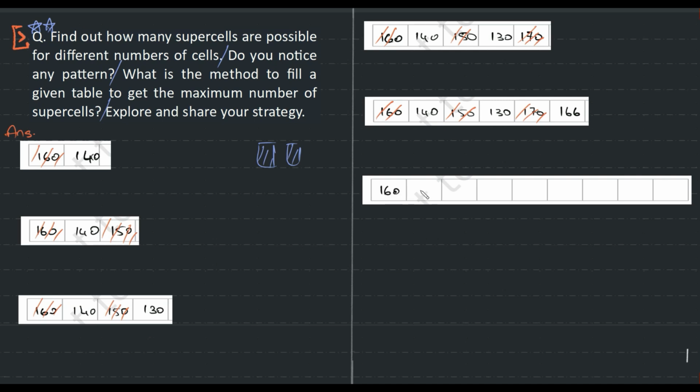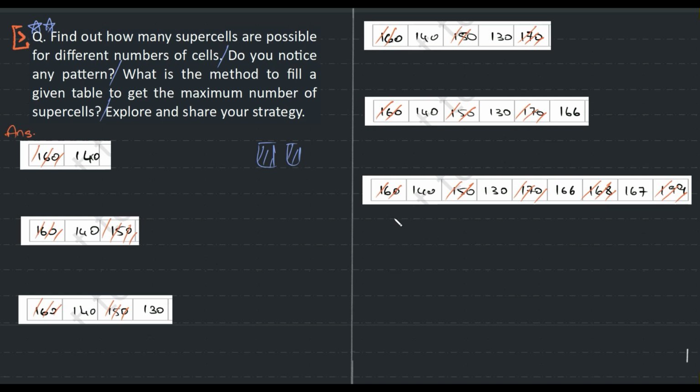What is the rule? 140, 150, 130, 170, 166, 168, 167, then 199. Let's see how many supercells are there. This is 1. This is 2. This is 3. This is 4. And this is 5.